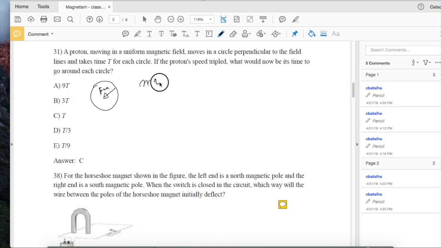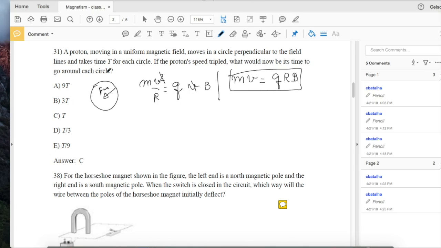Centripetal force is mv squared over r, and this centripetal force happens to be your magnetic force, which is QVB. Right? So we have some basic equation, which is mv, which is also momentum, is QrB. So this is basically in this type of problem. You can start that way.